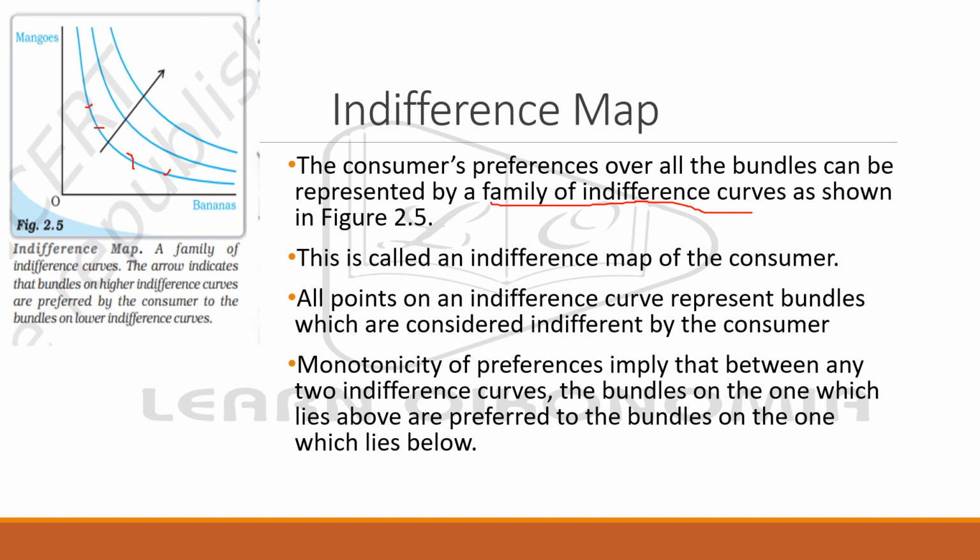But when you consider the case of an indifference map, or a family of indifference curves, we have to give importance to another important assumption, and that is known as monotonicity. It says that between any two indifference curves, the bundle on the one which lies above is preferred to the bundle on the one which lies below.